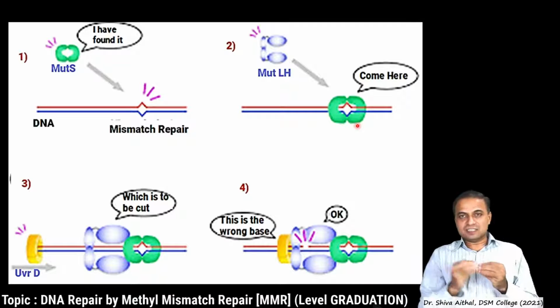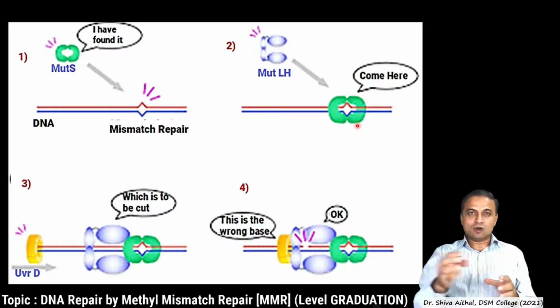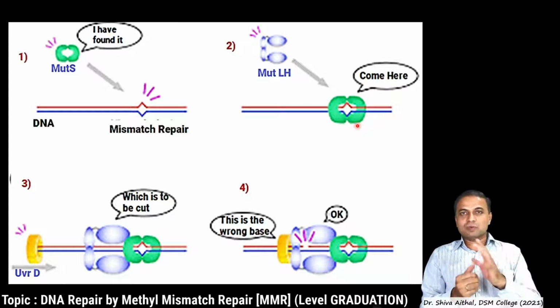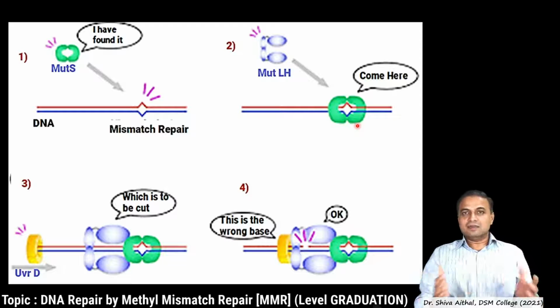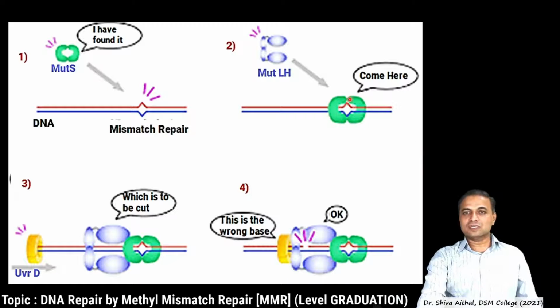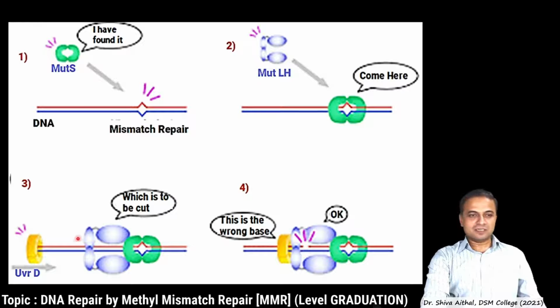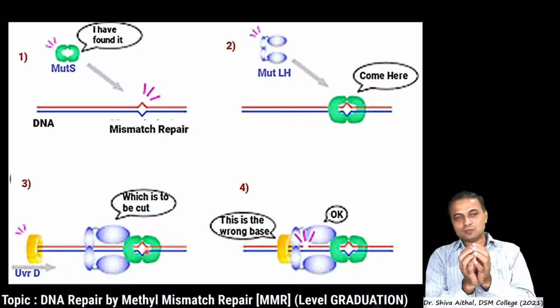The investigating officer goes first, then he calls the project manager, then a coordinator comes, then the principal investigator comes, and then the main mechanic comes with his tools and box, and he cuts and pastes, the damage is done, and everything is okay. Just like that, first mut S goes and sits, invites mut LH, come here, it says, then mut LH and mut S sit there at the spot.